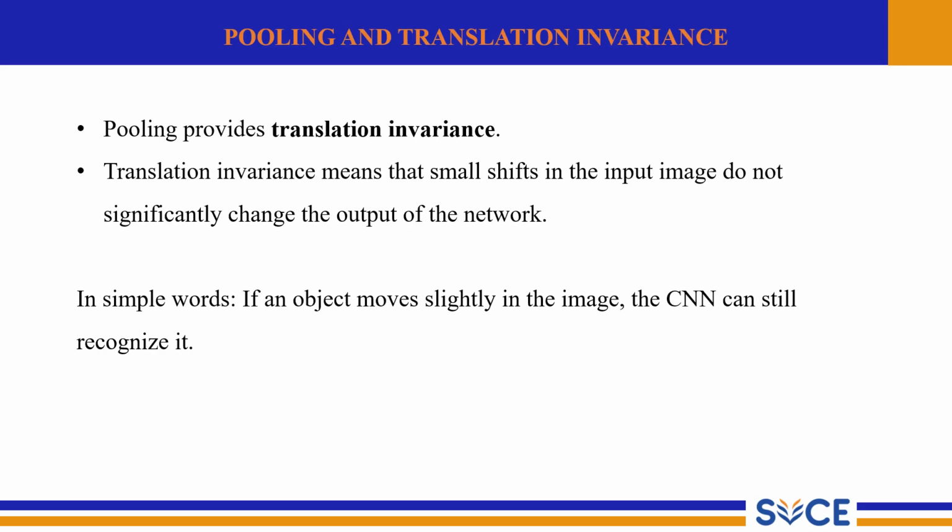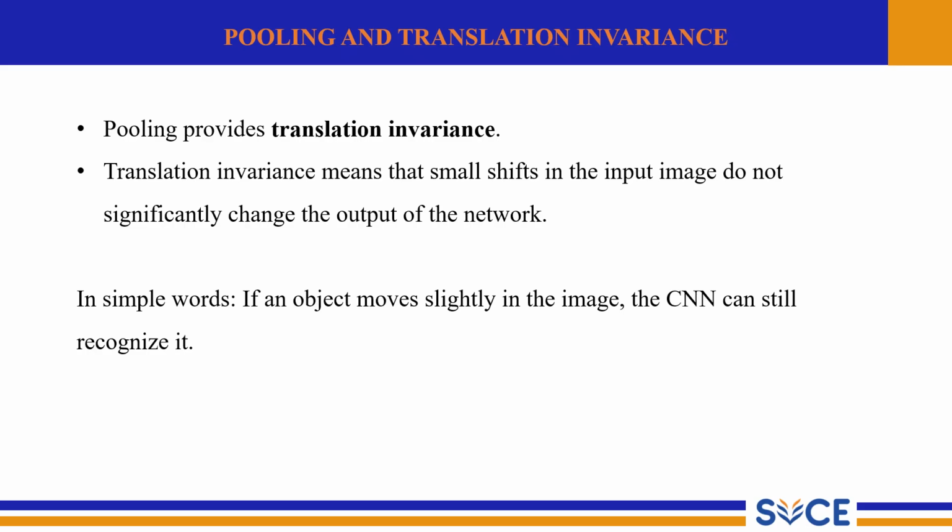Pooling and translation invariance. Pooling not only reduces feature map size but also makes a CNN more robust to small movements in the input. For example, if an object in the image shifts slightly, say 1 or 2 pixels, the max or average value in the pooling window usually stays the same.